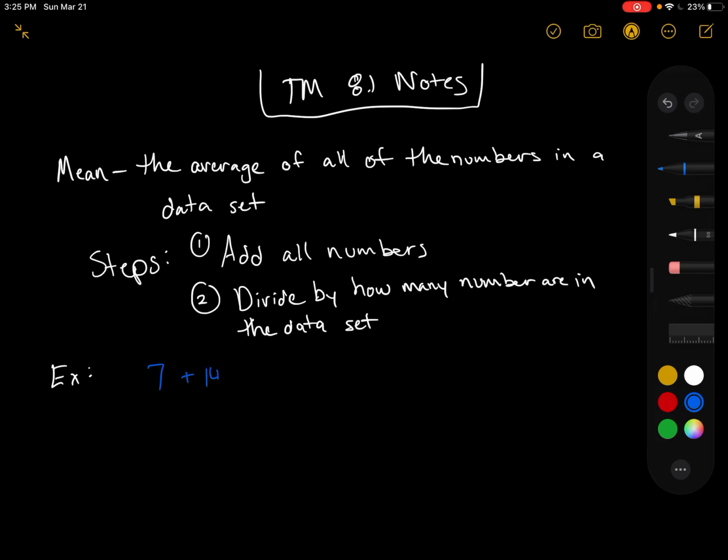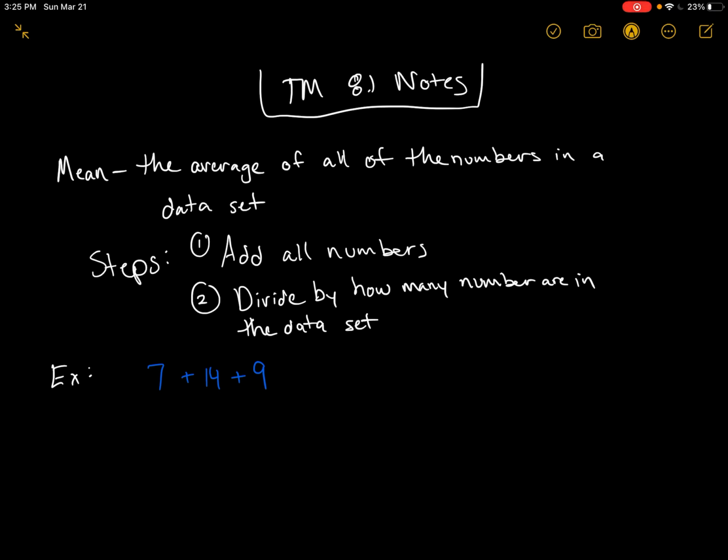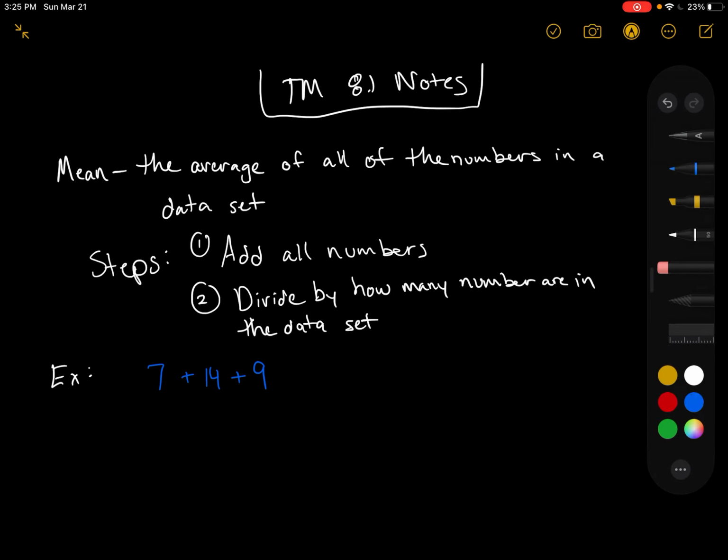So for example, if we had 7, 14, and 9 as our data set, so these are the 3 numbers. Let's follow these steps.